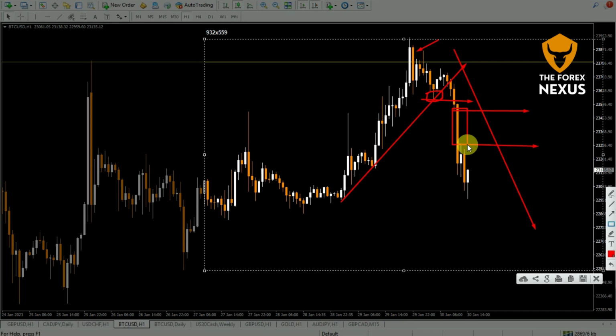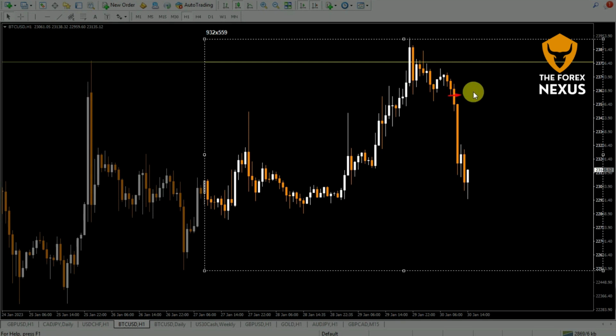Now how will we identify a fair value gap? On the first candle we need to identify the lower wick, okay, and the third candle. This is the first one, this is the second one, and this is the third one.